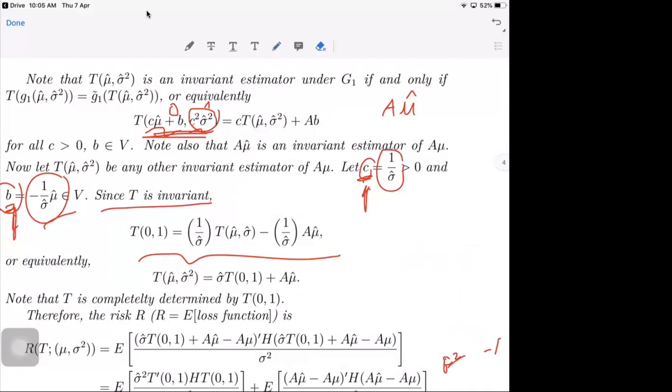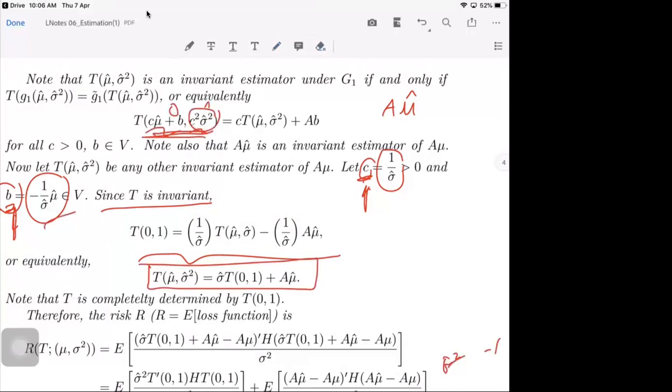Yes, ma'am. T at 0. Or equivalently, rewriting it, you isolate. The LCD of these two, so you multiply by sigma hat, and then move this as plus A mu. So, it follows. So, an equivalent version of your T of mu hat sigma hat square is sigma hat T01 and A mu hat.